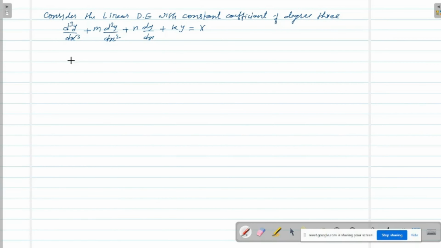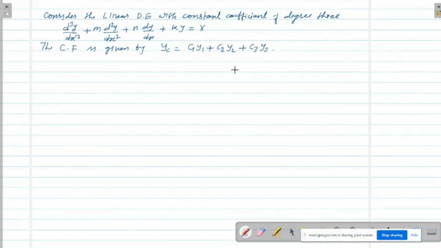So you know very well how to find the complementary function. The complementary function CF is given by yc equal to c1 y1 plus c2 y2 plus c3 y3.